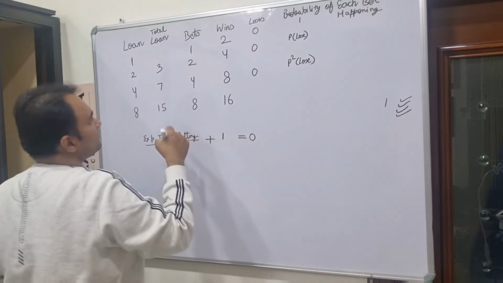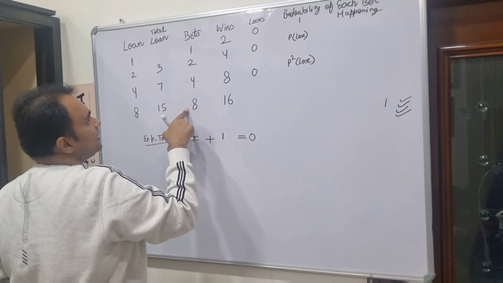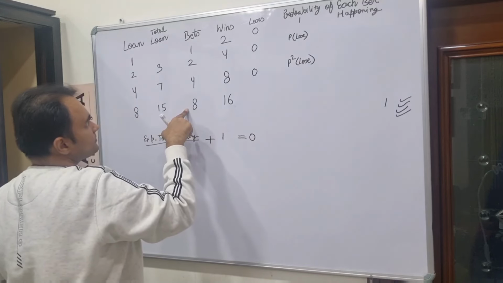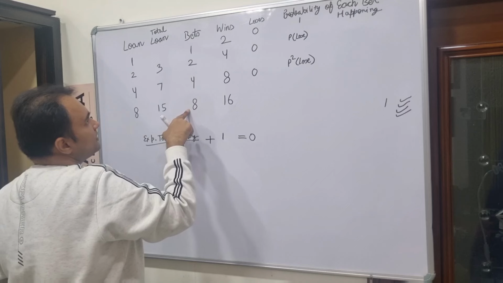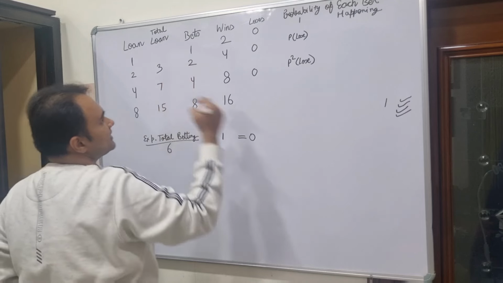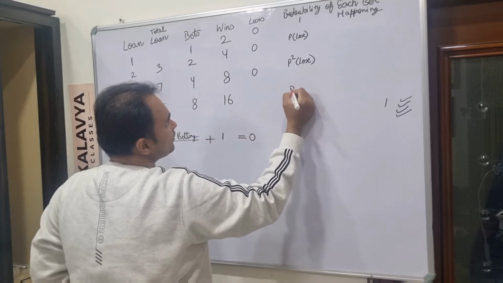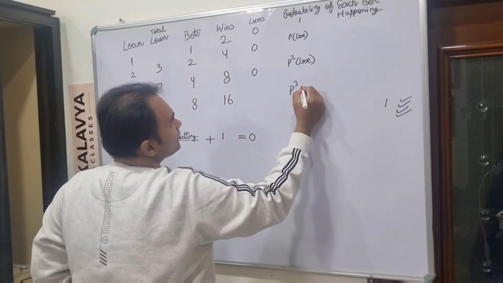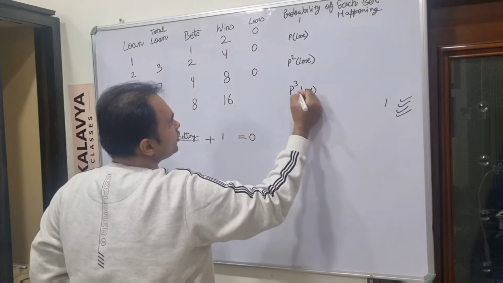The fourth bet will happen if the player has lost in previous 3 bets, so the probability of the fourth bet happening will be probability of losing whole cubed.